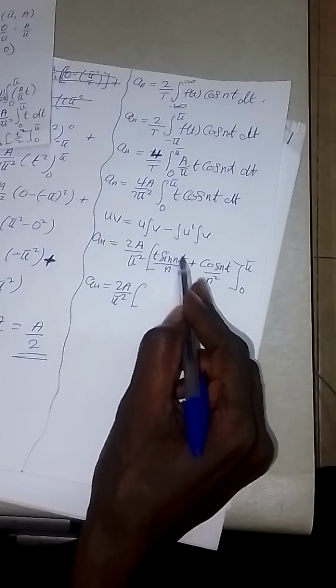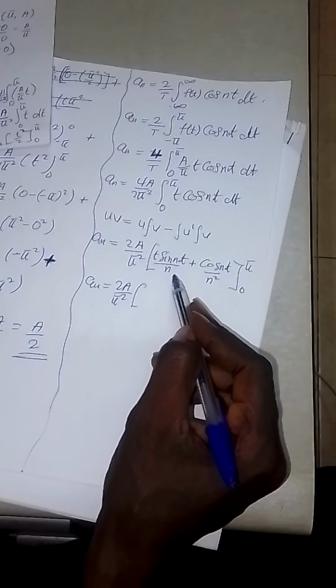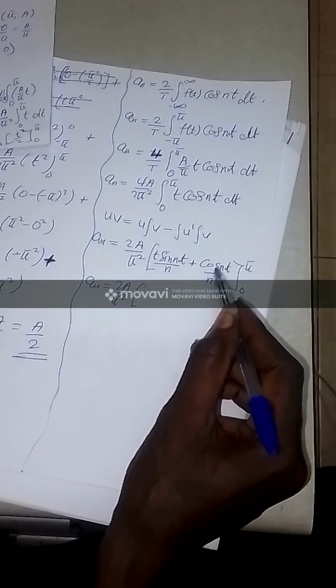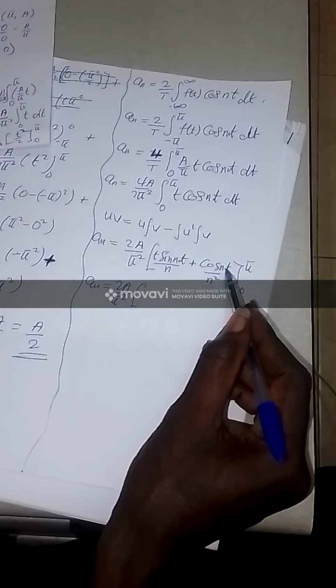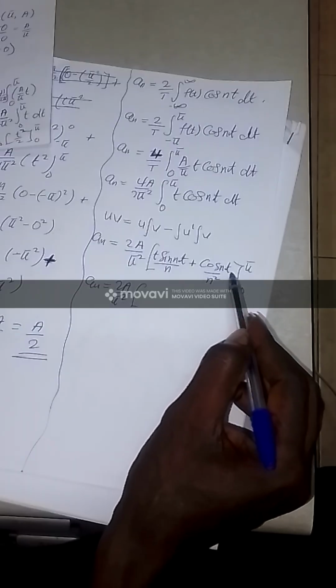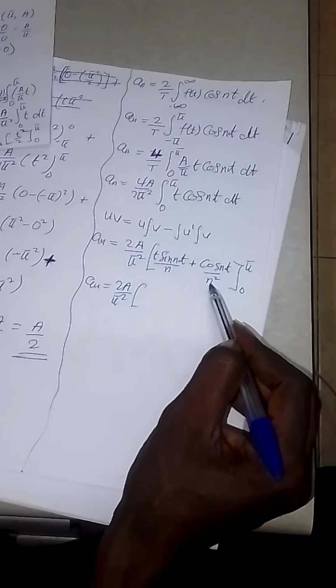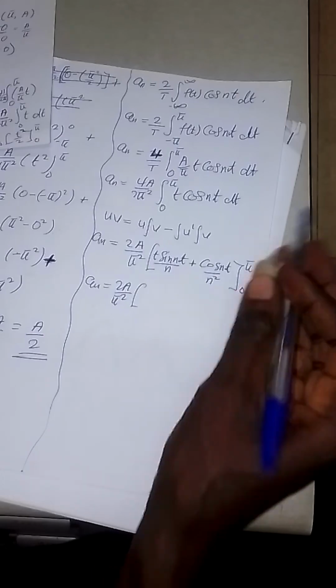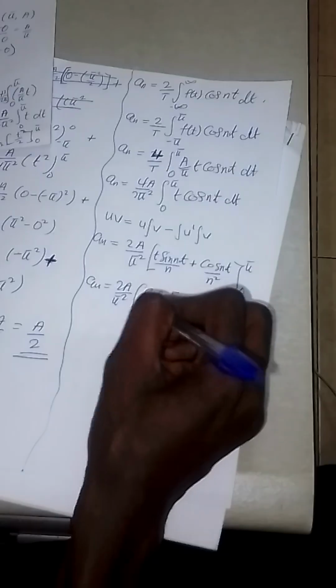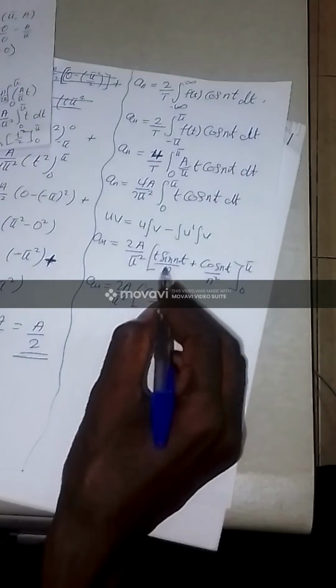Sine n pi over n is 0. Then I'll put the same pi into cos nt over n squared, so I'll have cos n pi over n squared.